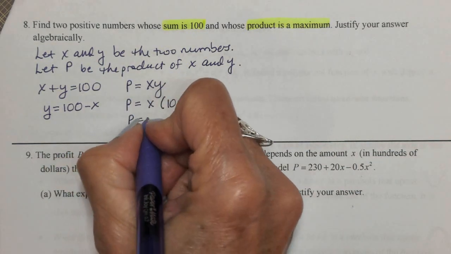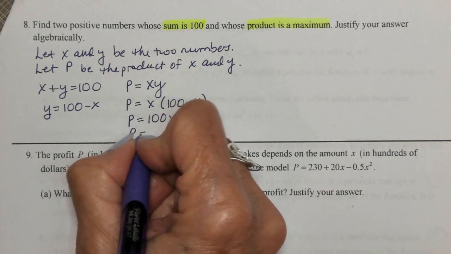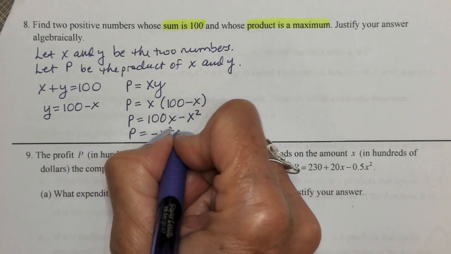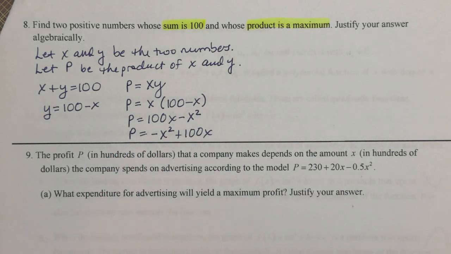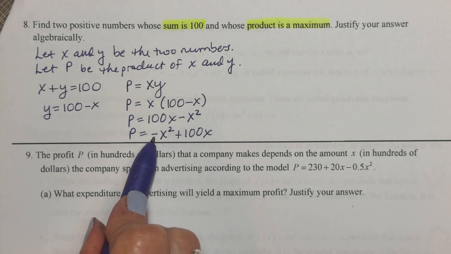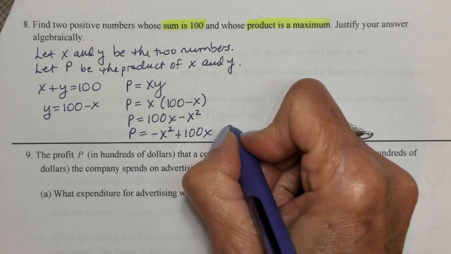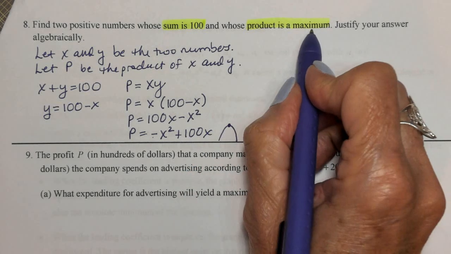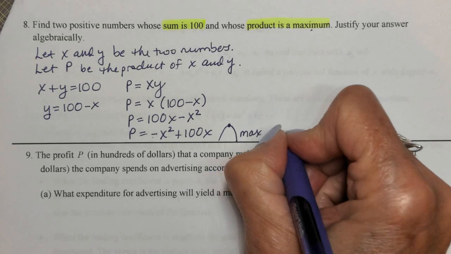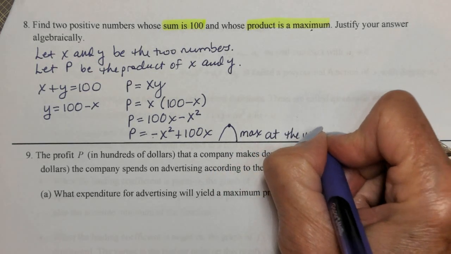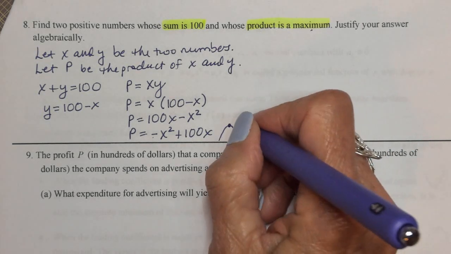So P is 100x minus x squared, or I could rewrite that as negative x squared plus 100x. That is a parabola, and it's a downward parabola that has a max at the vertex. So all I need to do is find that x coordinate of the vertex, and I will be all set.